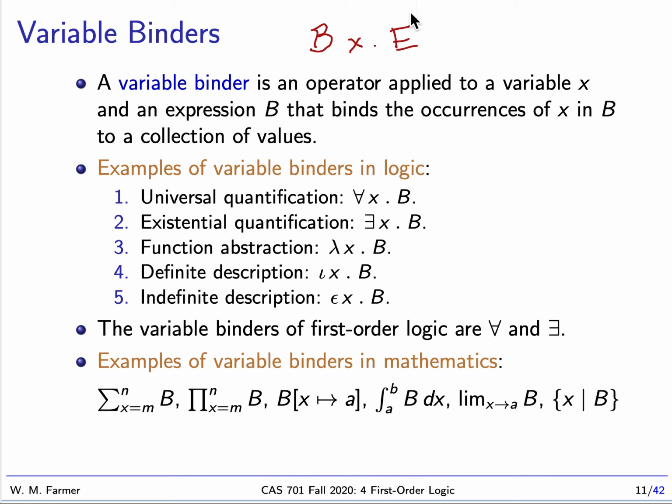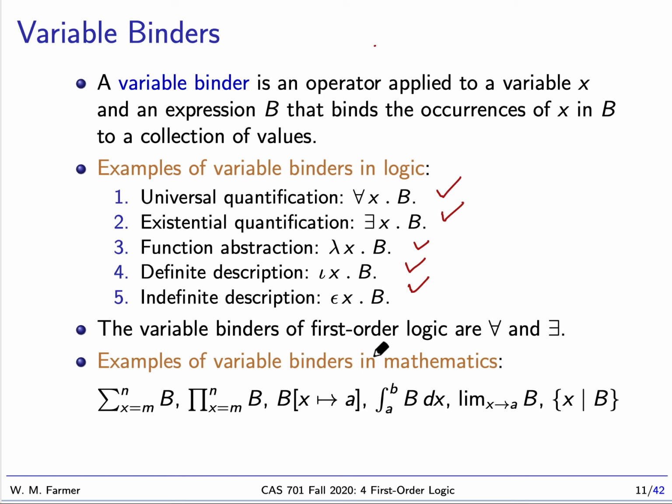Okay, so that's what a variable binder is. And in logic, the most common ones, which we have seen already, we have in first order logic, universal quantification and existential quantification. Another variable binder is lambda for creating functions. And there's also a variable binder for definite description and indefinite description, which we'll talk about down the road.